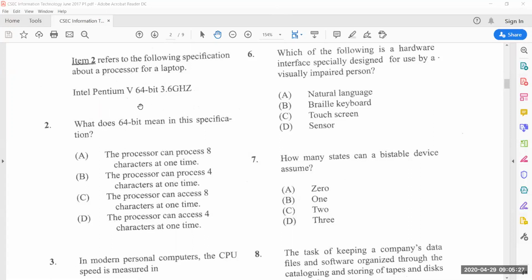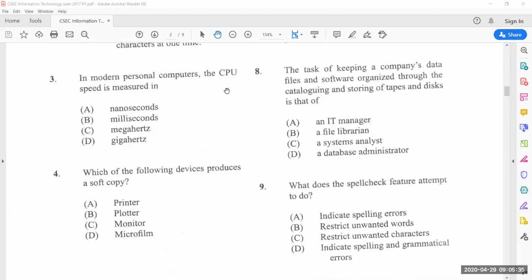Anyone remember this from last class? Right, so the processor can process 8 characters at one time, right? So A. Number 3, in modern personal computers, the CPU speed is measured in which of the following units? You have nanoseconds, milliseconds, megahertz, or gigahertz.